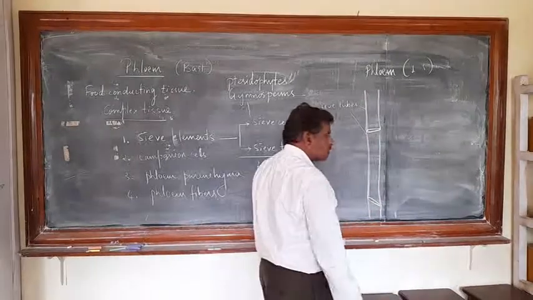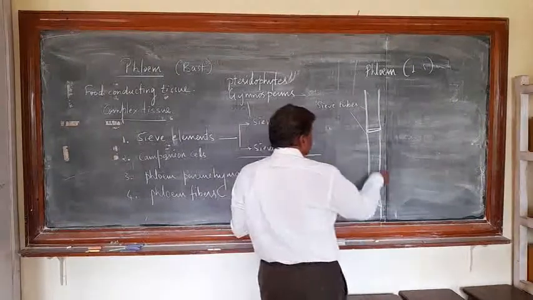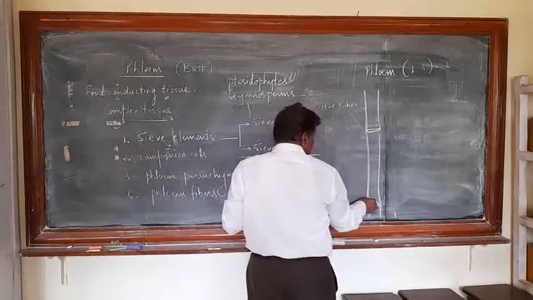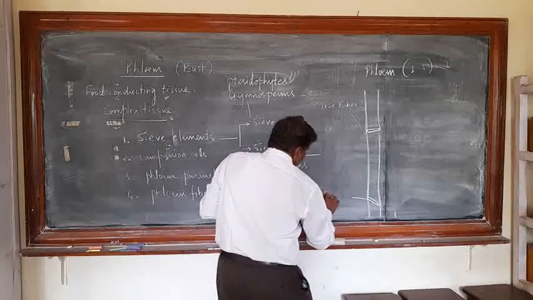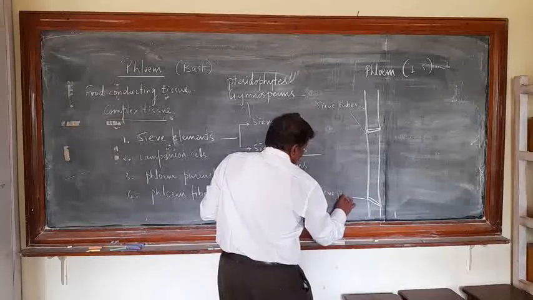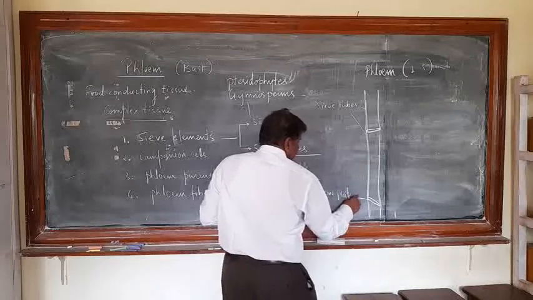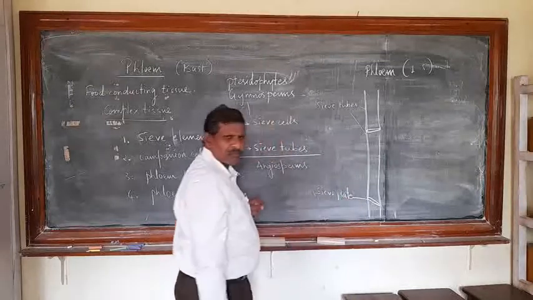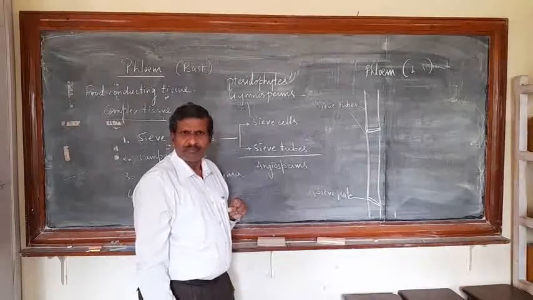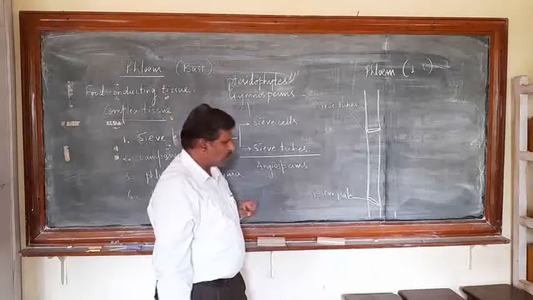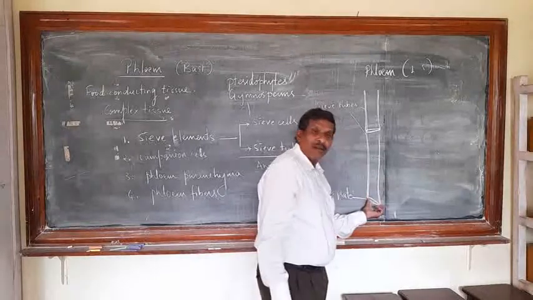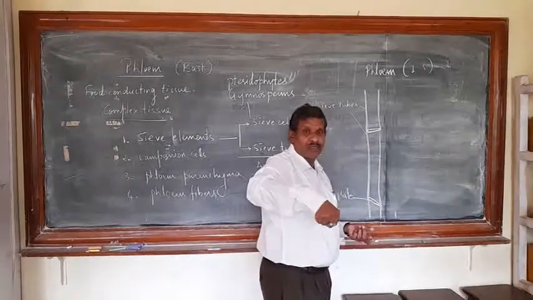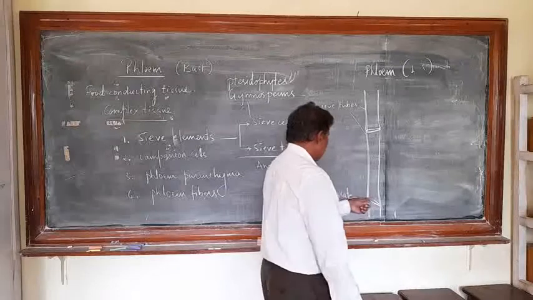These cells generally have cross walls. This is supposed to be the cross wall. And this cross wall is usually referred to as the sieve plate. I will tell you why it is referred to as a sieve plate. It looks like a plate having many sieves, meaning pores.